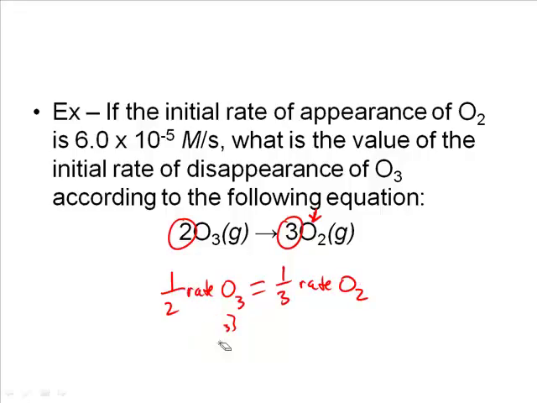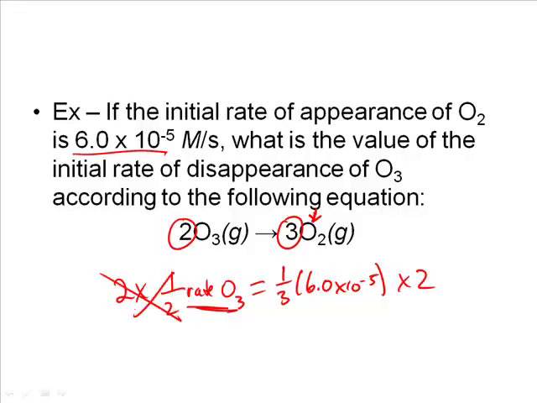And so what we find is that we already know the rate of O2, it's right here. So the rate of O2 we're going to substitute in right here. So you get 6.0 times 10 to the negative 5th. And now what we're trying to solve for is the rate of O3. So we need to get rid of this 1/2. To get rid of that 1/2, we multiply both sides by 2.